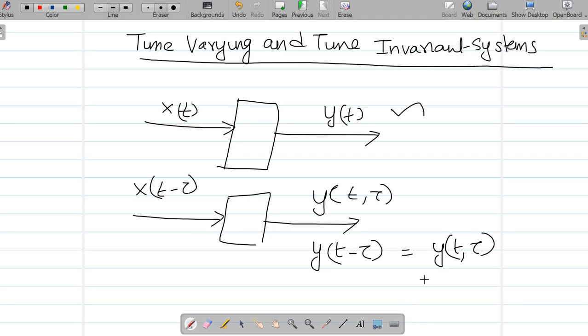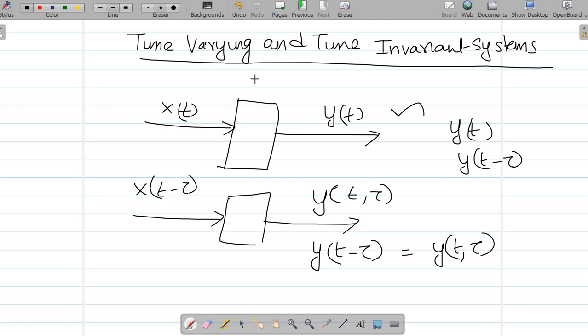Otherwise, when this is not equal, such a system is known as a time varying system. So for a time invariant system, y of t comma tau should be equal to y of t minus tau. The y of t minus tau is got by taking y of t and shifting it by tau units of time.